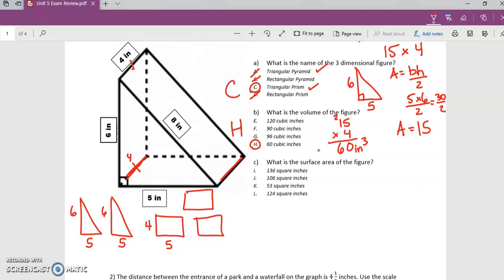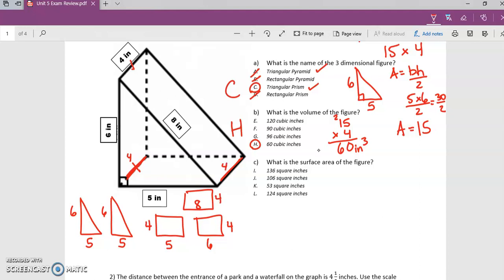Then we go to the left one. The rectangle has a 6 as the base, and the side is already marked off right here as 4 also. And then the last rectangle, the one on the upper right corner, has an 8 at the base, and again a 4 on the side.